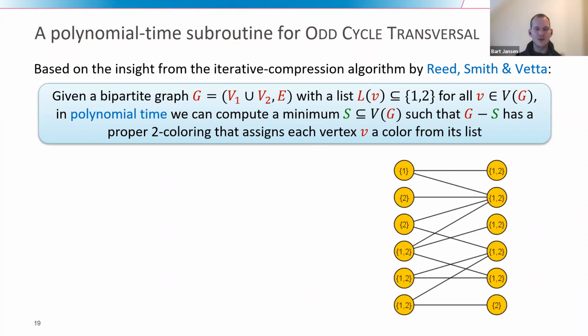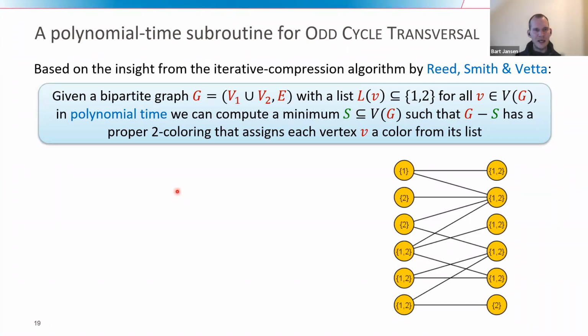So let me talk you through. We're going to look at a subroutine where as input we get a bipartite graph. Its color classes are V1 and V2, V1 on the left, V2 on the right, and each vertex comes equipped with a list of allowed colors, which is a subset of {1, 2}, because we're going for 2-coloring.